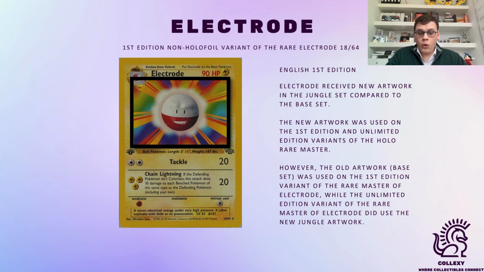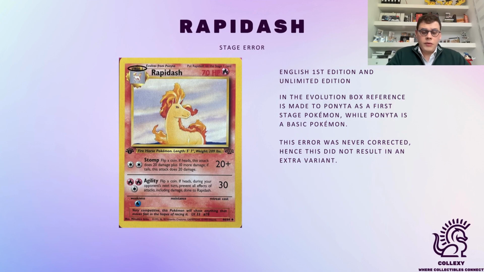However, the old artwork from the base set was used on the first edition variant of the Rare Master of Electrode, while the Unlimited Edition variant of the Rare Master of Electrode did use the new jungle artwork. This was never rectified in the first edition variant, but it was eventually rectified in the Unlimited Edition variant of the non-holofoil rares.